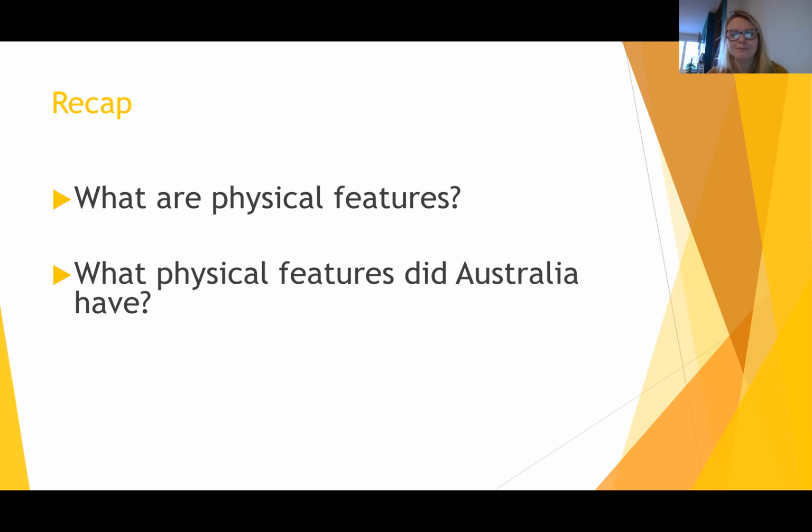Did you remember? A couple I can remember were the Great Barrier Reef, where there's so much coral and amazing tropical fish. That wasn't built by humans, so that is a physical feature of Australia. I could also think of the Blue Mountains, really beautiful mountains just outside of Sydney.